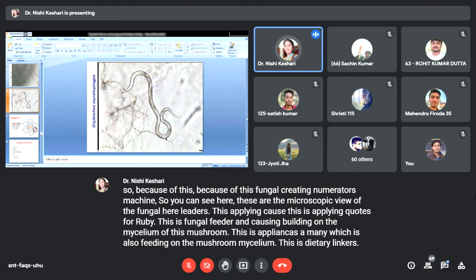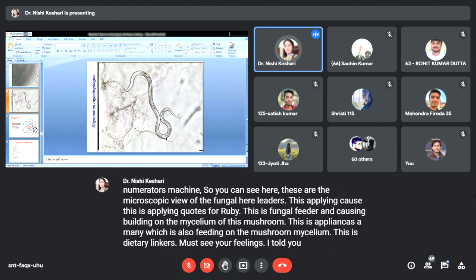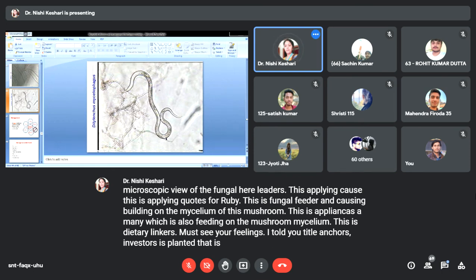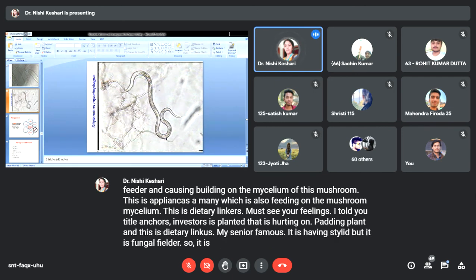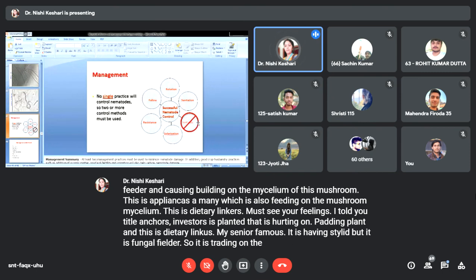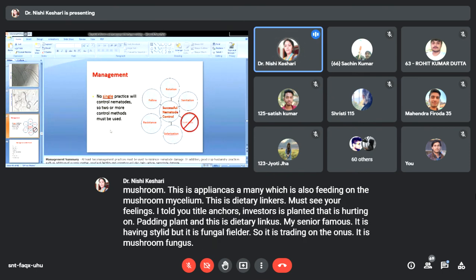I told you Ditylenchus feeds on paddy plant, and this is Ditylenchus myceliophagus. It is having stylet, but it is a fungal feeder. So it is feeding on the fungus, that is mushroom fungus. So these are all about your nematode symptoms.